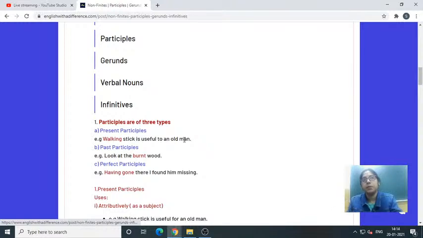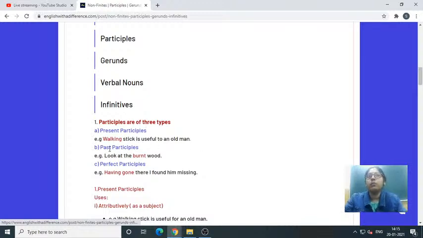We call it present participle, and while writing present participle we are using ing, and जब past participle use करते तब क्या करते हैं हम लोग? हाँ, तब हम लोग V3 बोलते हैं इसको past participle, verb का third form बोलते हैं, that we are using. Okay, so for a present participle example, we have to add ing with the verb. Example you can see, walking stick is useful to an old man.